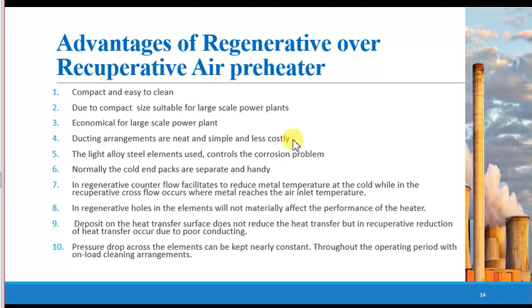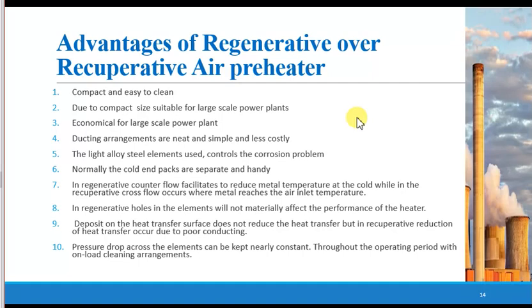The regenerative air preheater has some advantages over the recuperative air preheater. The most important are the compact size and ease of cleaning, and due to the compact size it is suitable for large scale power plants.